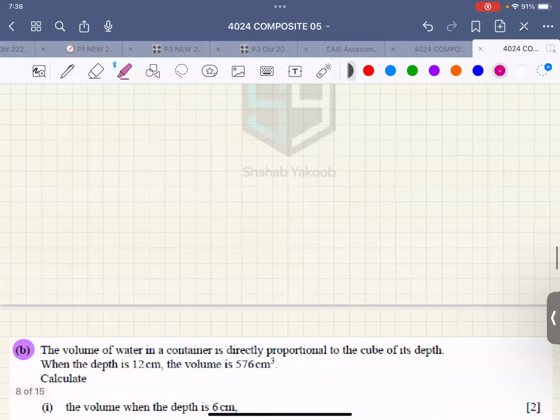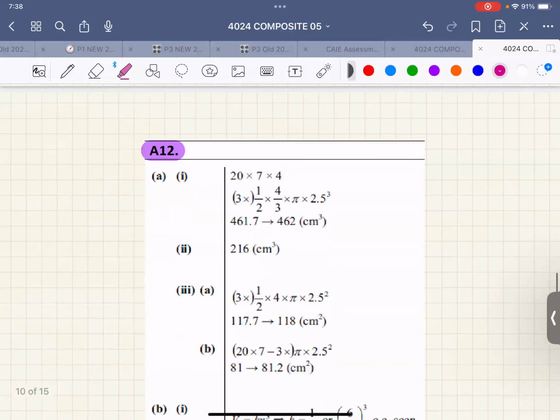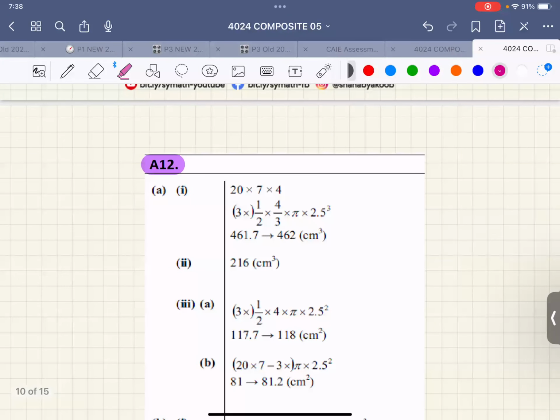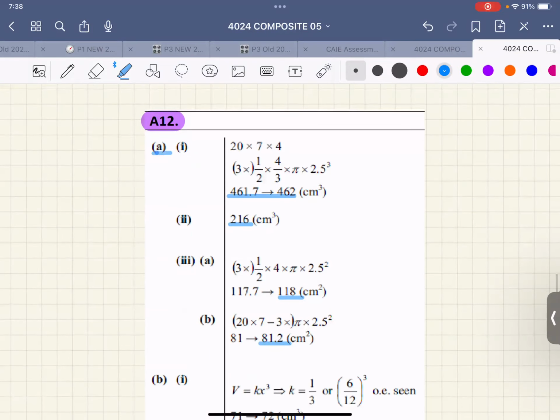Now let's first check all these results. First of all, part A, part 1, that's 462. Let me highlight it. So first of all, this is 461 or 462. This is 216. This is 118. This is 81.2. So this is all about the first part.